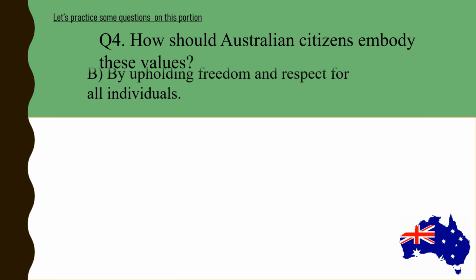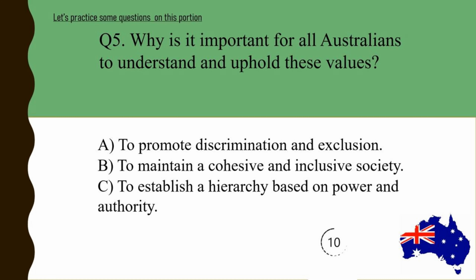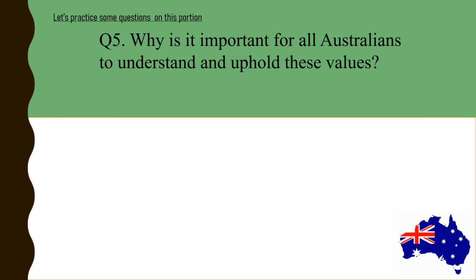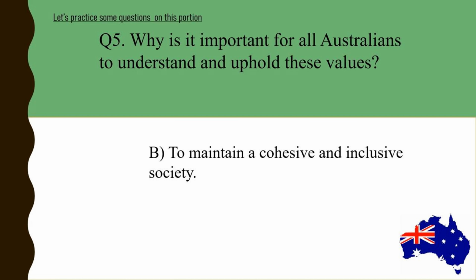The answer is by upholding freedom and respect for all individuals. Question number 5. Why is it important for all the Australians to understand and uphold these values? The answer is to maintain a cohesive and inclusive society.